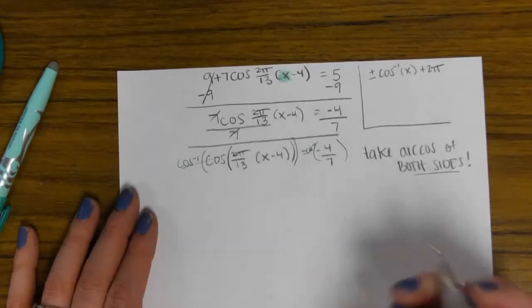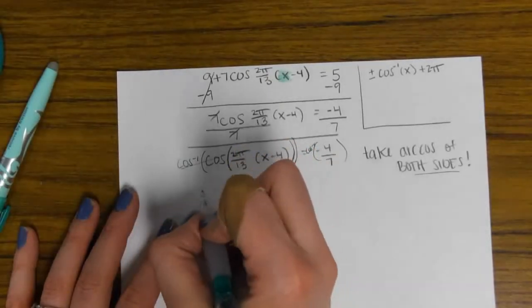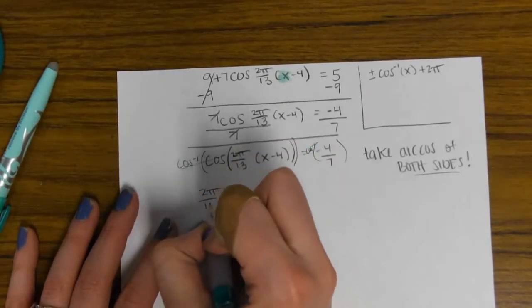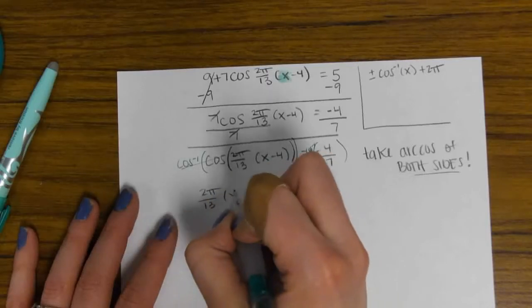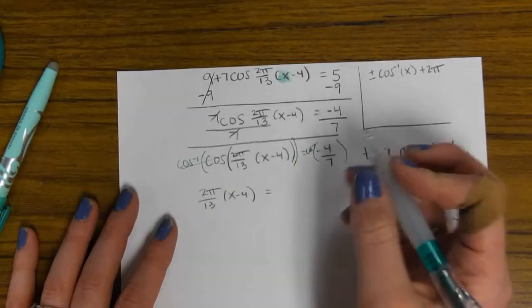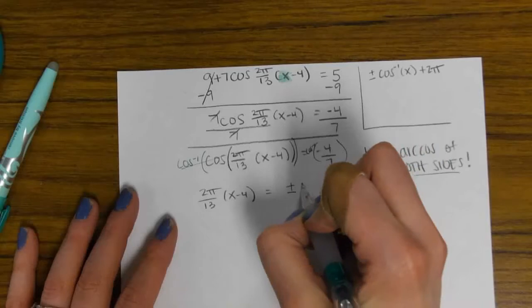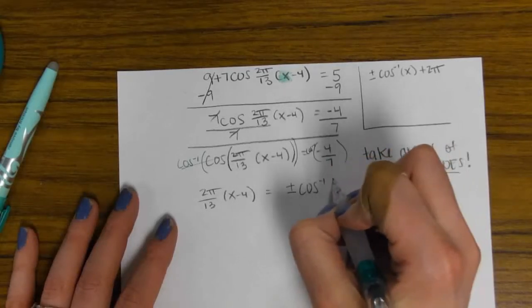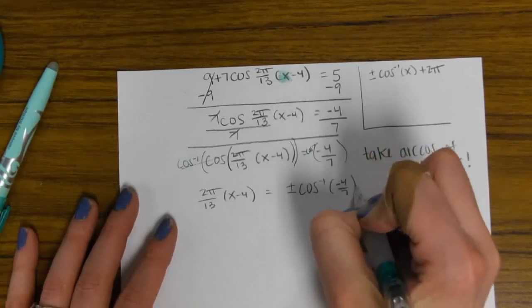So these cancel out, and you're left with 2 pi over 13 times (x minus 4) equals plus or minus the inverse cosine of -4 over 7.